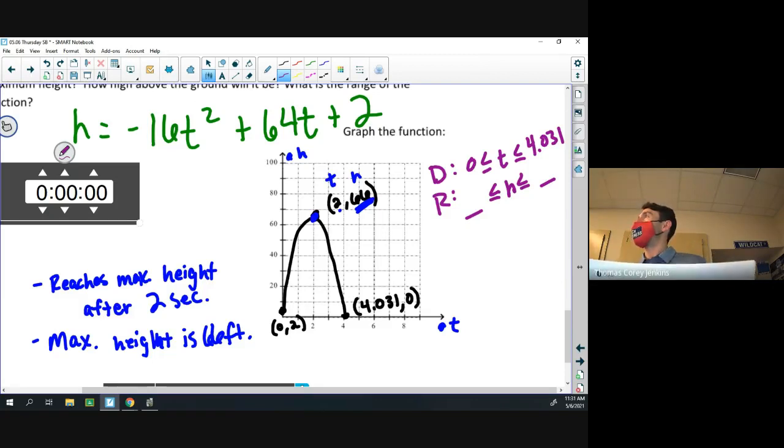What's the lowest the ball ever goes? Not 2, but you're close. 0, right? Because if we trace the flight of the ball, it starts at 2, goes up and up and up, then it comes down, down, down, and finally gets to 0. So it does go to 0 at some point. What's my ceiling? Grant? 66. That's right. Yes.